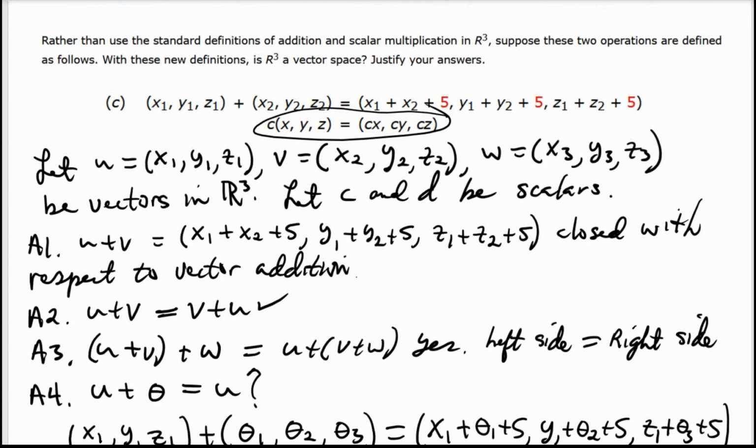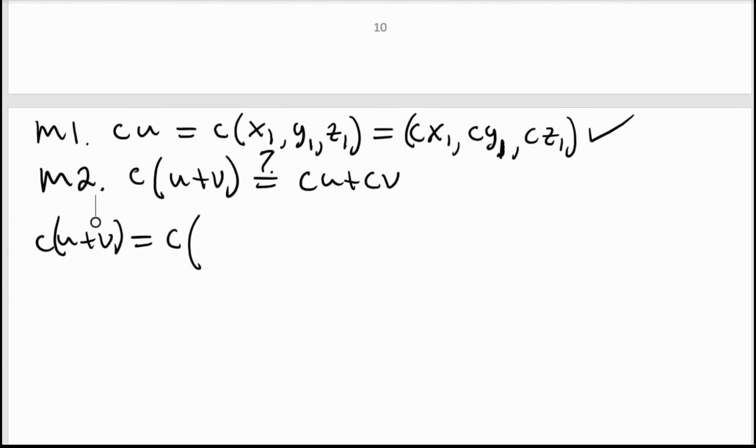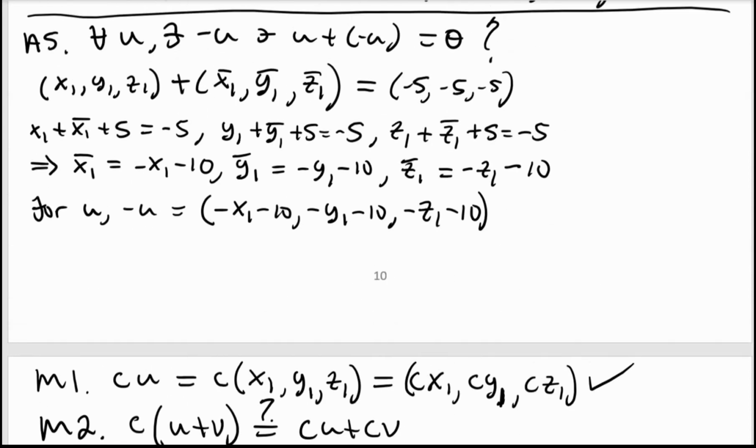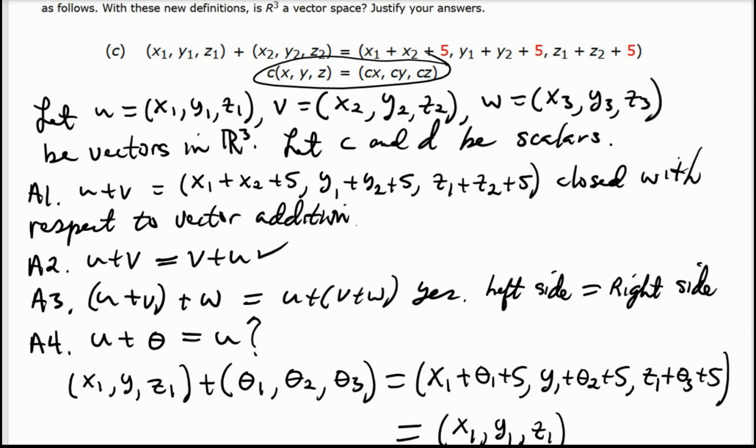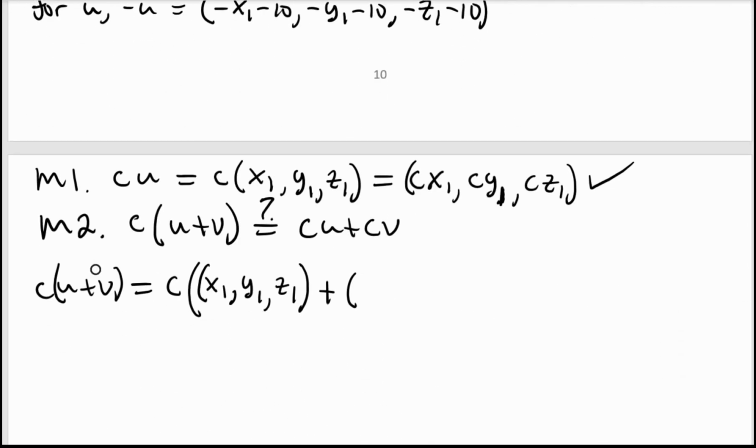The u is the x sub 1, and the v is just everything with the sub twos. It's like I was forgetting the z sub 2.